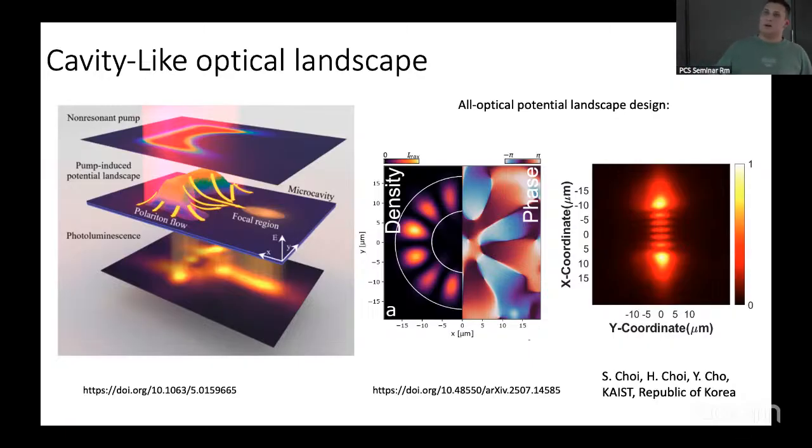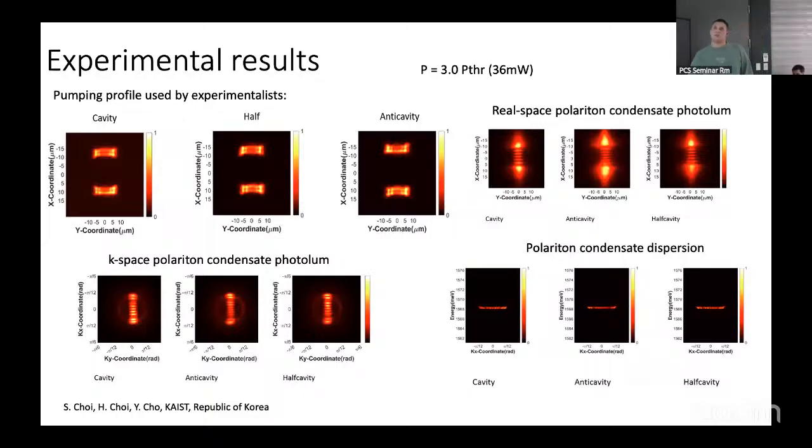So let me show you some experimental results. Experimentalists conducted 3 sets of experiments. The first is when two concave mirrors are placed in front of each other, and we will call that case the cavity. The second is when one of the mirrors is rotated by 180 degrees, and we will call this system a half cavity.